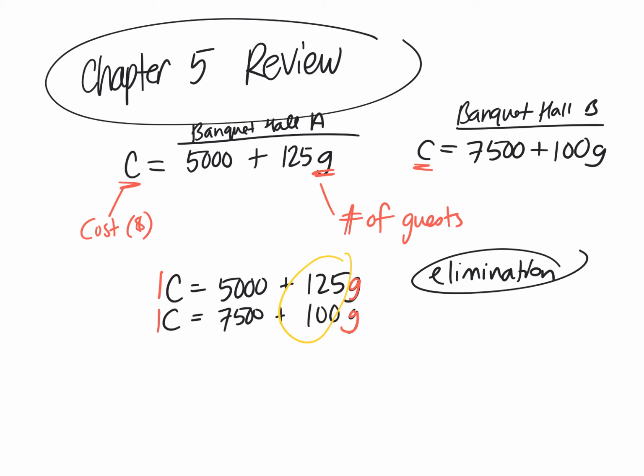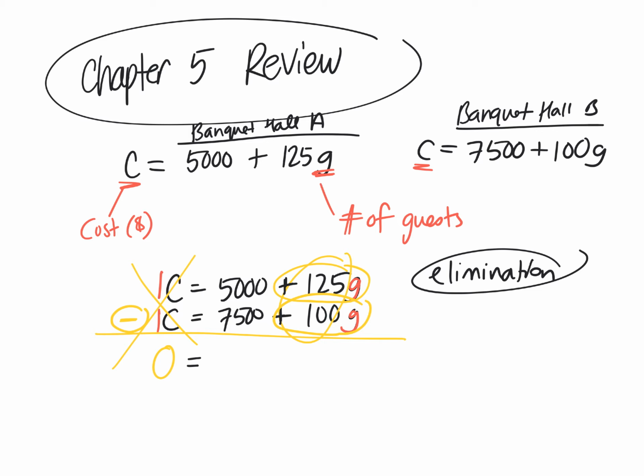1, right? So if we are going to eliminate, am I going to eliminate C or G right now? C. So what are we going to do to eliminate? Subtract, right? Because 1C take away 1C equals 0. Write the 0 there. And then we're going to subtract everything. We have 125G take away 100G.